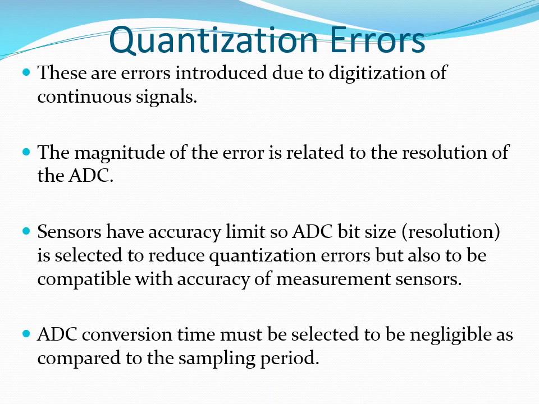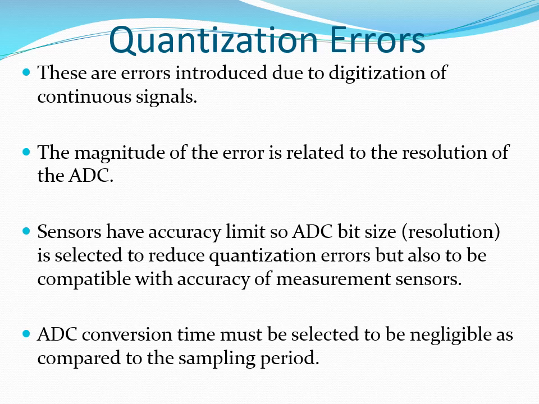Quantization errors are errors introduced due to digitization of continuous signals. The magnitude of the error is related to the resolution of the ADC and therefore can be reduced by improving the resolution. We note that sensors have a limit on accuracy.